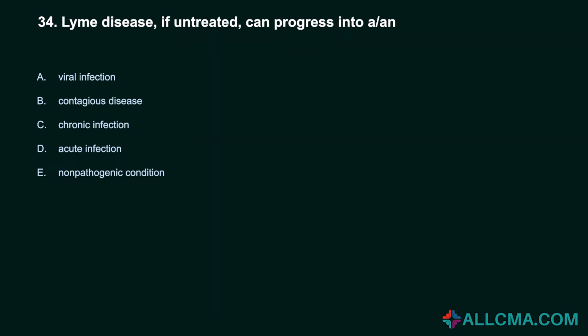34. Lyme disease, if untreated, can progress into a/n: A. Viral infection. B. Contagious disease. C. Chronic infection. D. Acute infection. E. Non-pathogenic condition. Correct answer, C. Chronic infection.